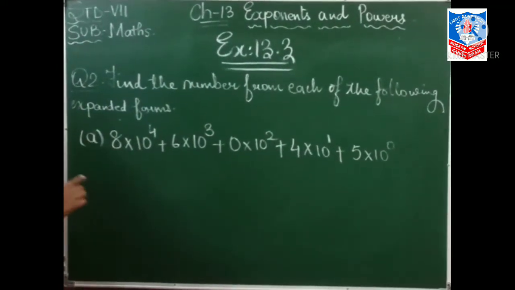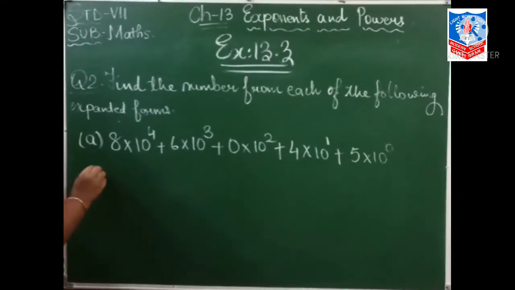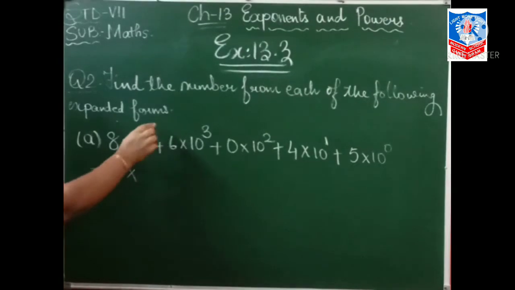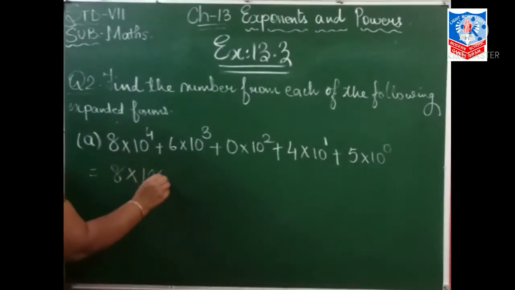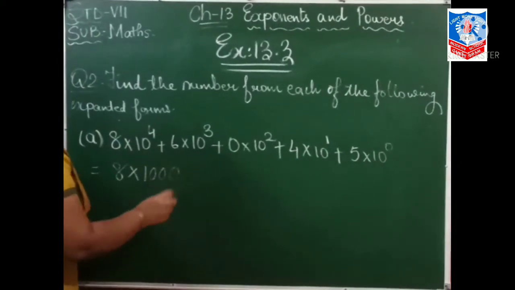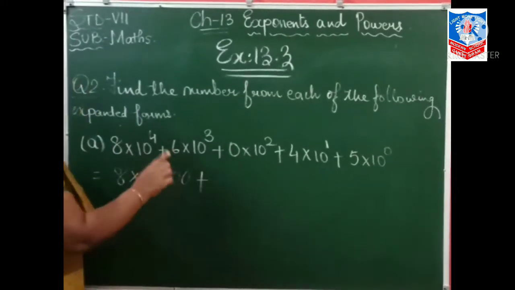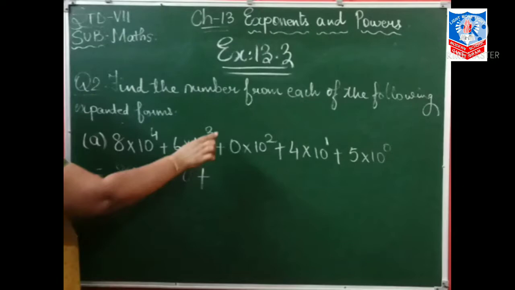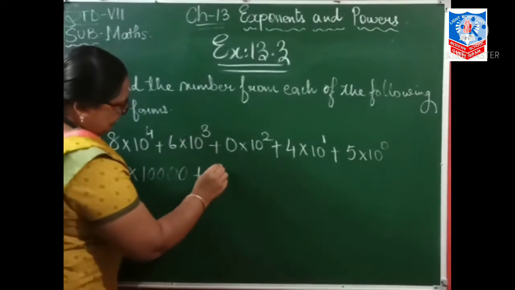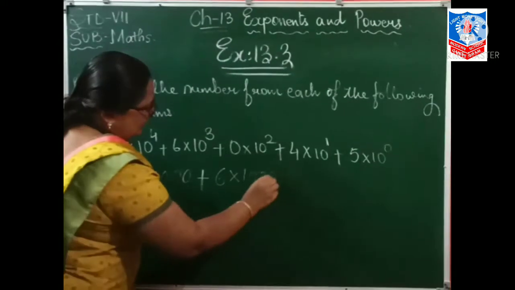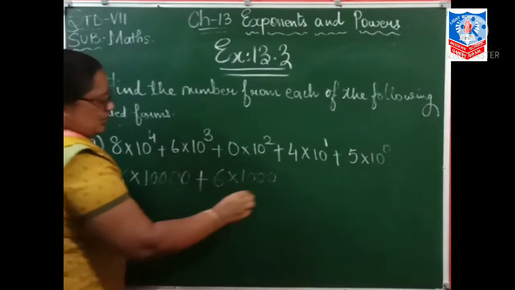Now we have to find the number. So 8 into 10 raised to the power 4, that means 8 into 10,000, plus 6 into 10 raised to the power 3, 6 into 1000. 10 3 times is 1000.